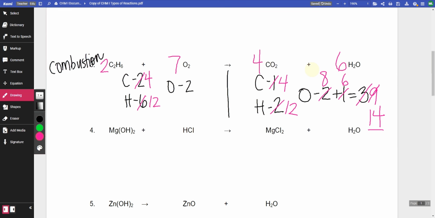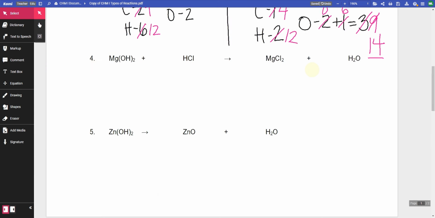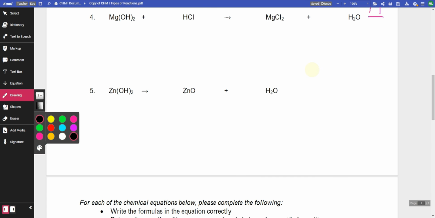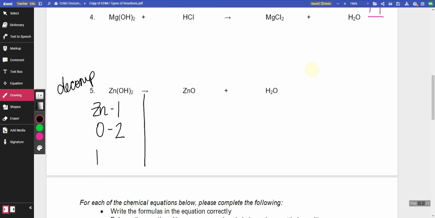I think in a different email, you might have said that you were struggling with 5. Let me just make sure, okay? This one's already balanced. It's a decomposition reaction because you only have 1 reactant. And in that 1 reactant, we've got 1 zinc, and then the 2 goes to both the O and the H. So we have 2 of each of those, okay?